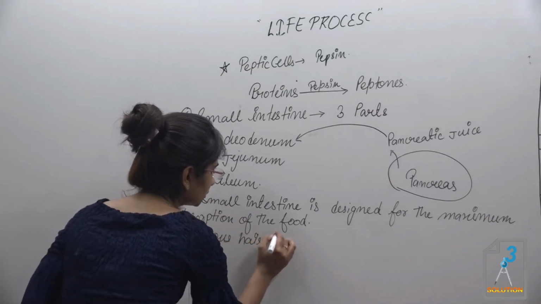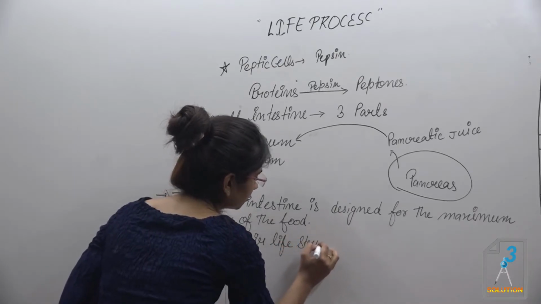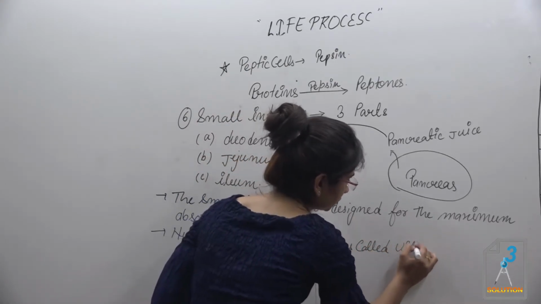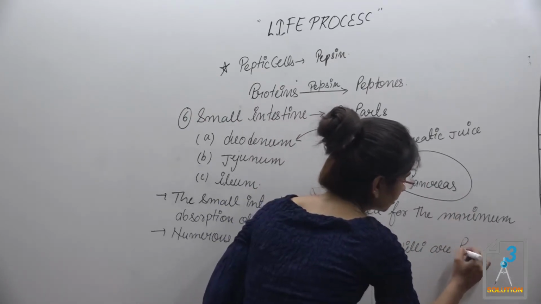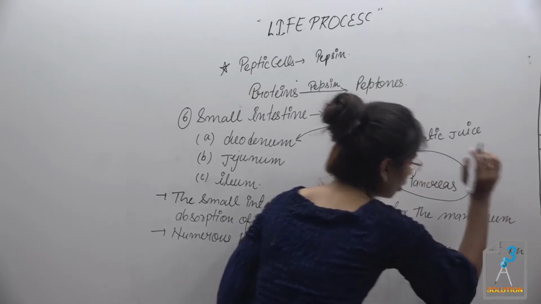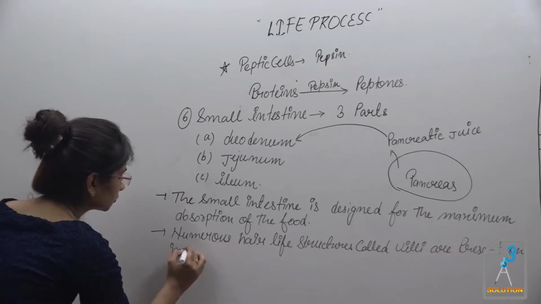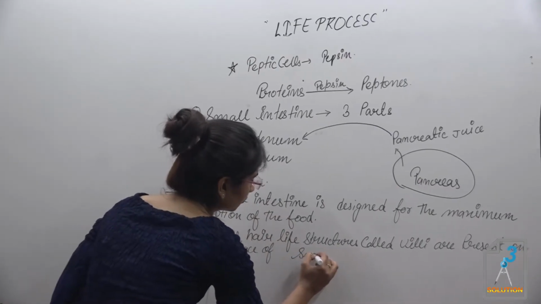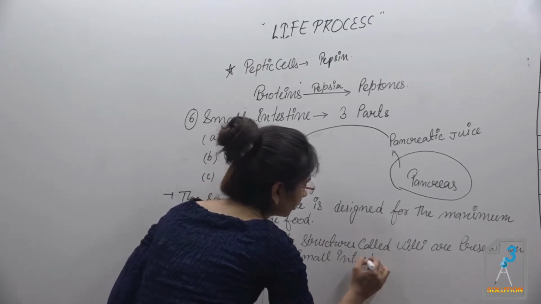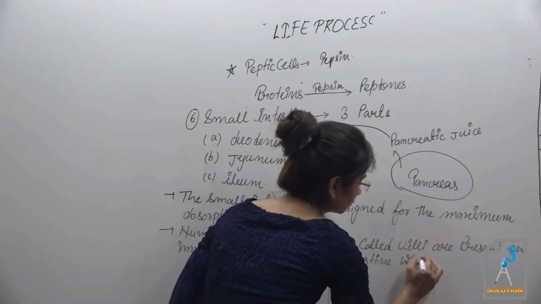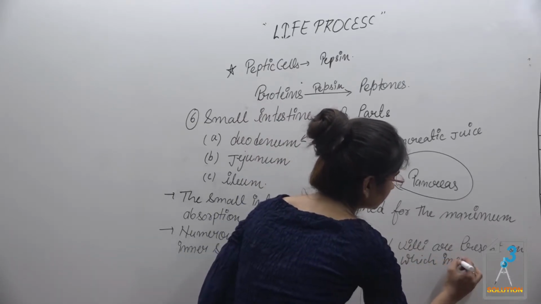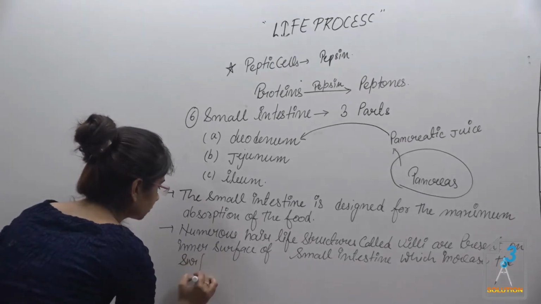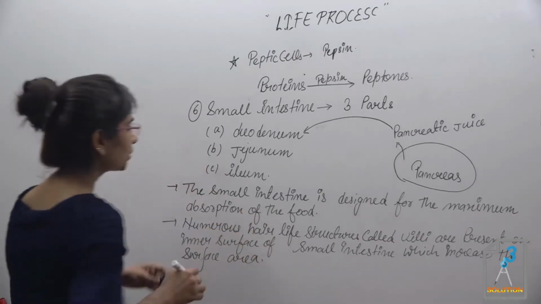Numerous hair-like structures called villi are present on the small intestine, which increases the surface area. Yes, very simple it is.